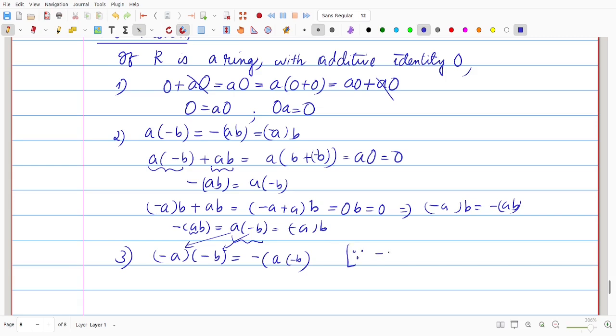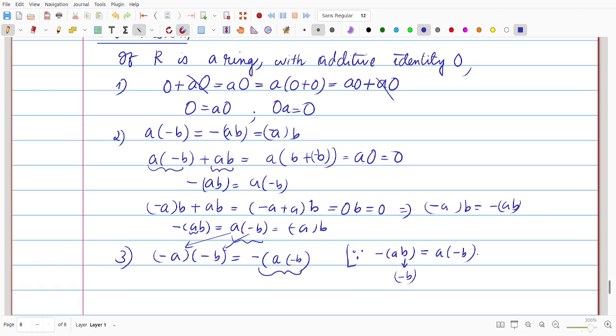You just observe the previous result with the first equality, a times minus b. If you replace a by minus a, you will get this one. When you replace this b by minus b, then you will get the right hand side.